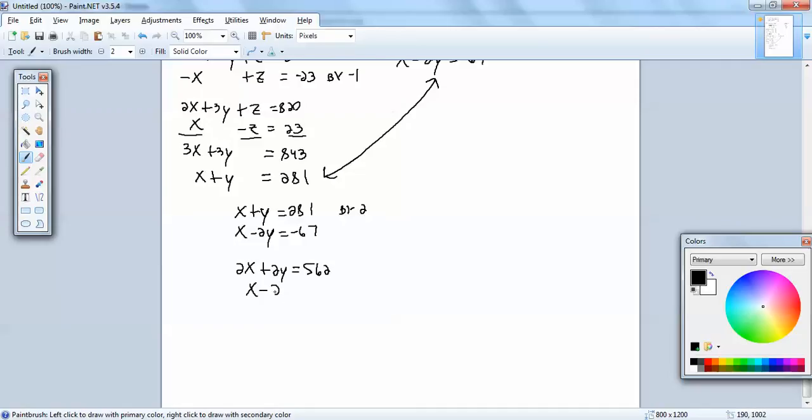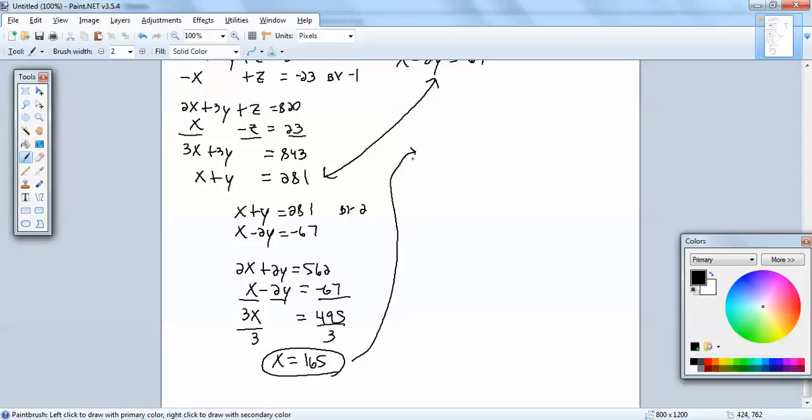And x minus 2y is equal to negative 67. 2x plus x is 3x. That drops away. 562 minus 67, 495. Divide both sides by 3. 495 divided by 3 gives us 165. That's promising. If we came up with a decimal, we'd know we were wrong.